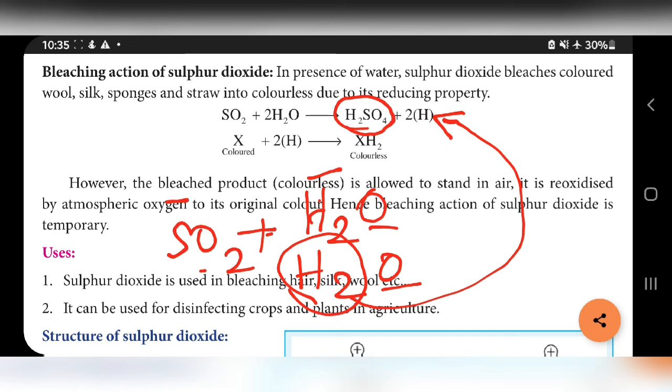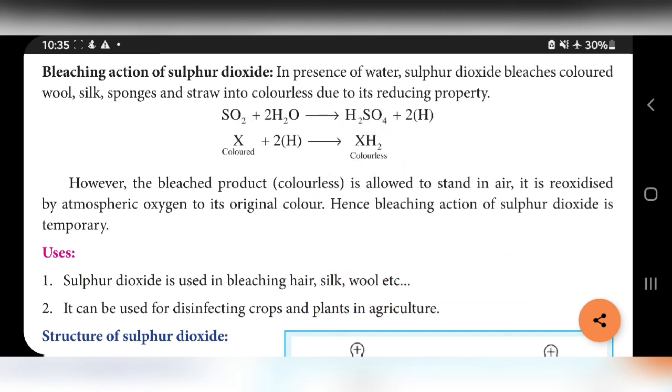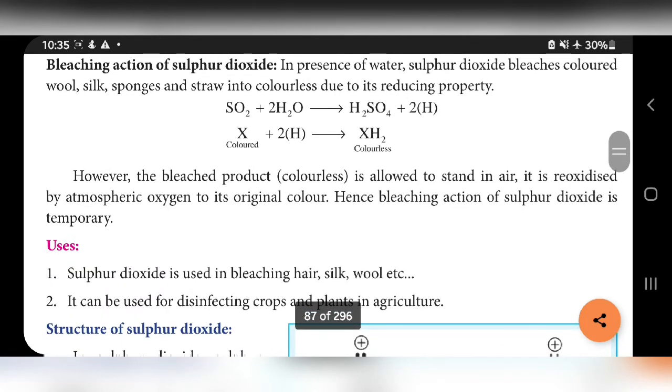So sulfur dioxide produces hydrogen. That hydrogen reacts with a colored compound X, and it forms the colorless compound XH2. So in the presence of water, sulfur dioxide bleaches colored wool, straw, silk, sponge and the like.